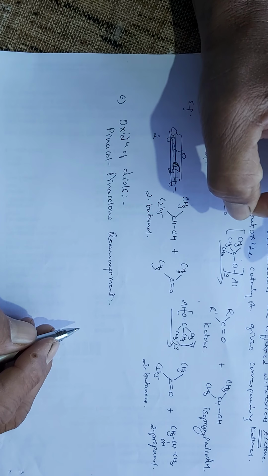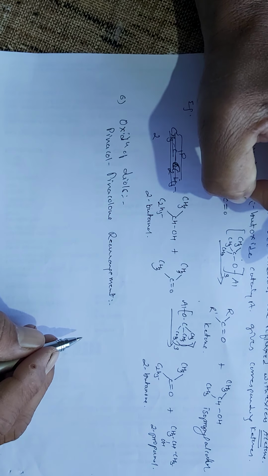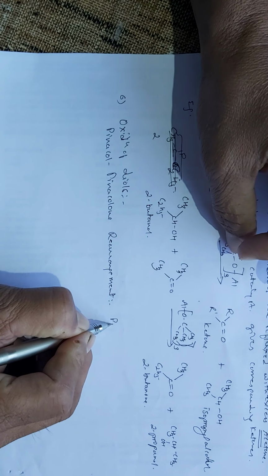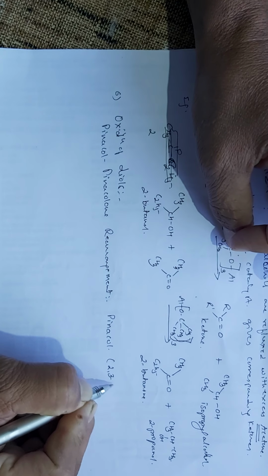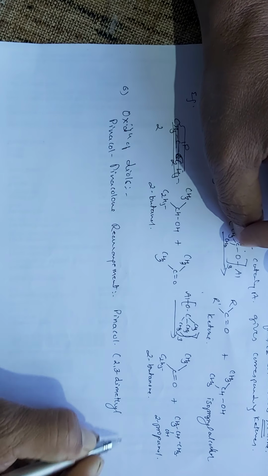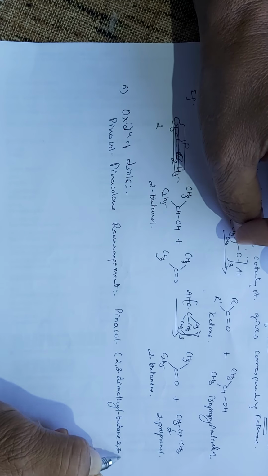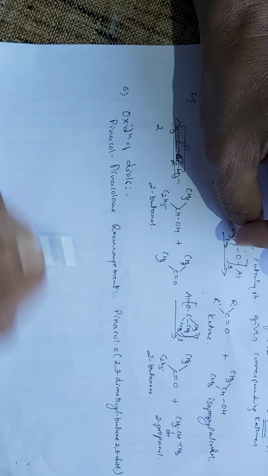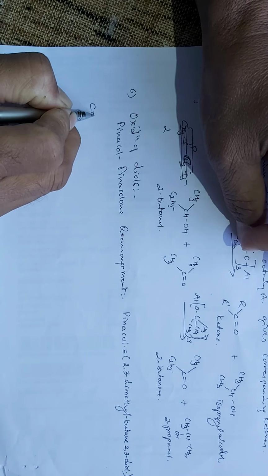In this reaction, pinacol is the common name given to the compound 2,3-dimethylbutane-2,3-diol. Let us write this structure so that it becomes easy to understand.